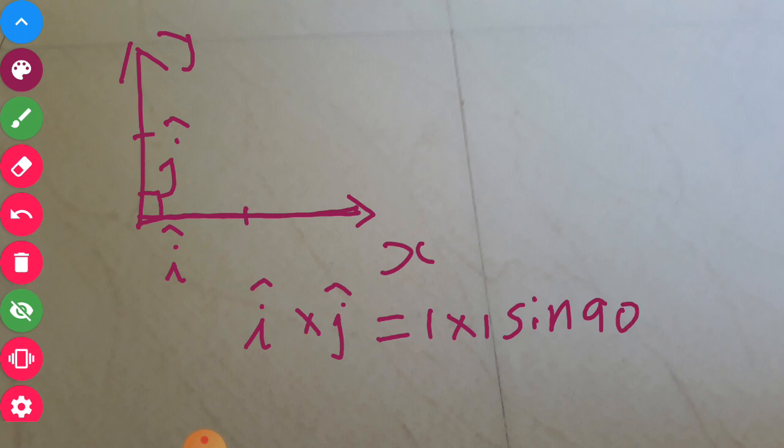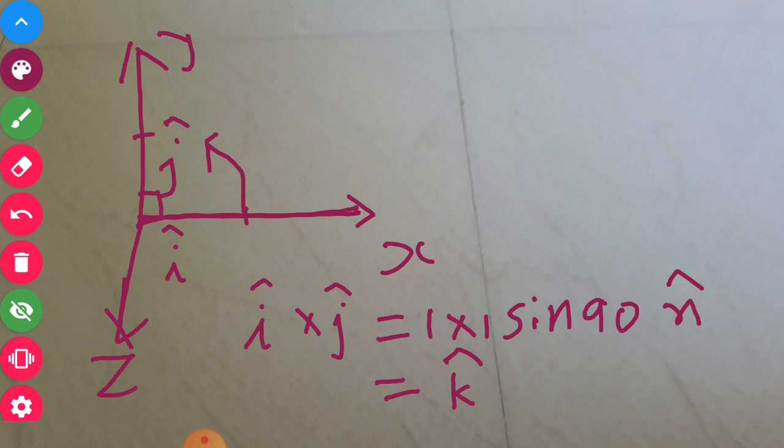Sine 90 is 1, and the normal to it will be the final answer. So if you rotate i in the direction of j, in which direction will the screw come? The screw will come out of the screen, and that is the direction of the z axis. So i cross j will be in the direction of the z axis, so it is written as k cap.